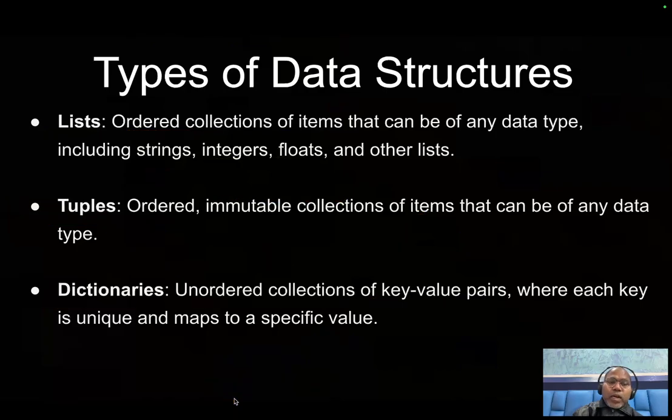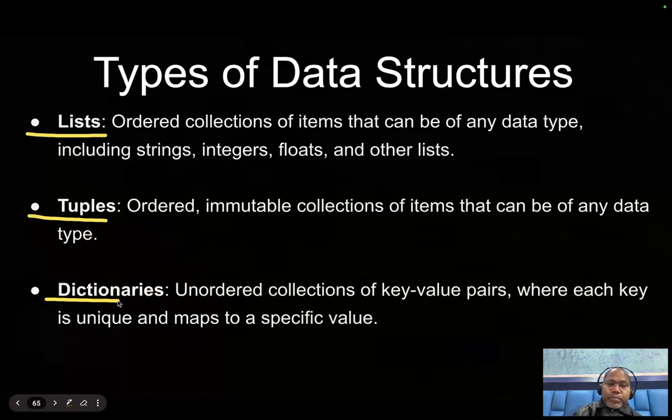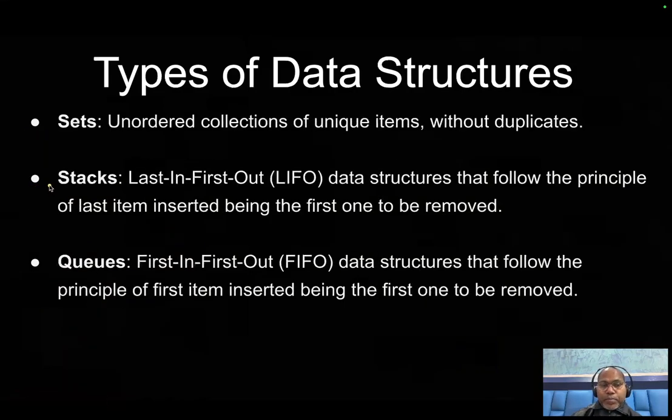So the list is one of the data structures, the tuple is another, the dictionary is another, and similarly there is the set.